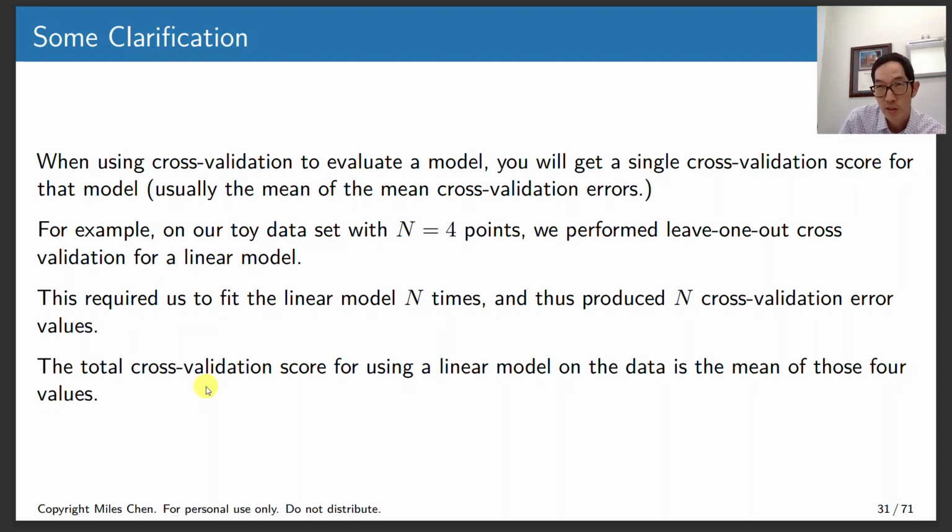And we would then try this again with, say, a quadratic model, and you would fit a quadratic model 4 times. You'd get a different cross-validation number each time, and you would add them up and divide by 4 again, and you'd get a summary value for the quadratic model.